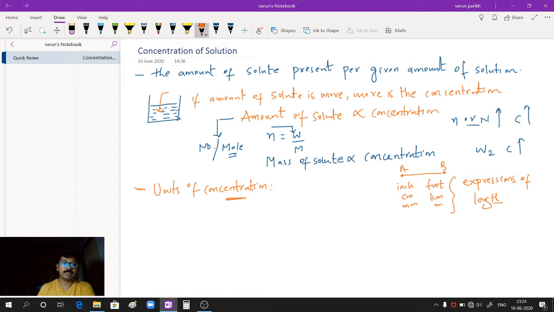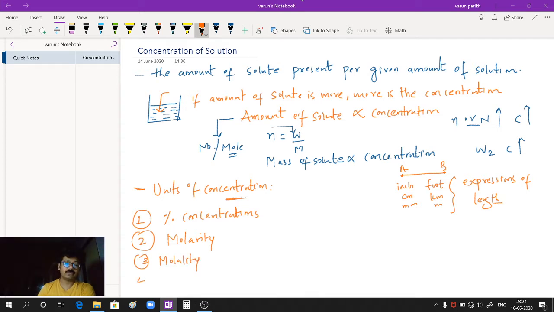The same way, whatever the concentration of the solution is, that can be represented in many units. The first, very basic units, which you have gone through in class 9 also, are percentage concentrations. The second one is molarity. The third one is molality. The fourth one is mole fraction.